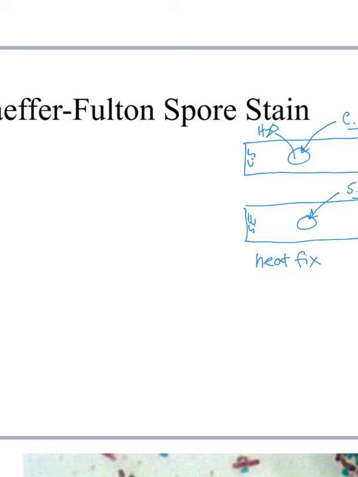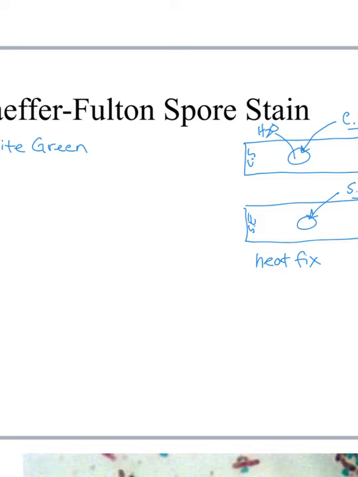Okay, then when you're ready to start your staining, the first stain that you're going to use is Malachite Green. You're going to flood your smear with Malachite Green. There's really nothing special about Malachite Green; it's a basic dye.